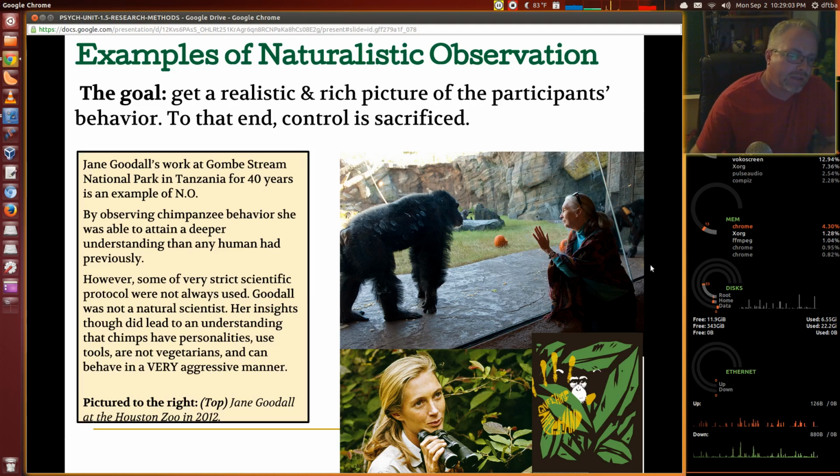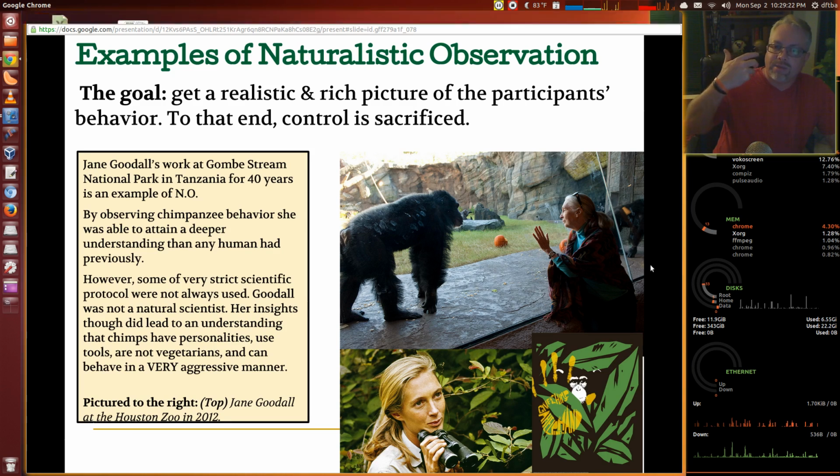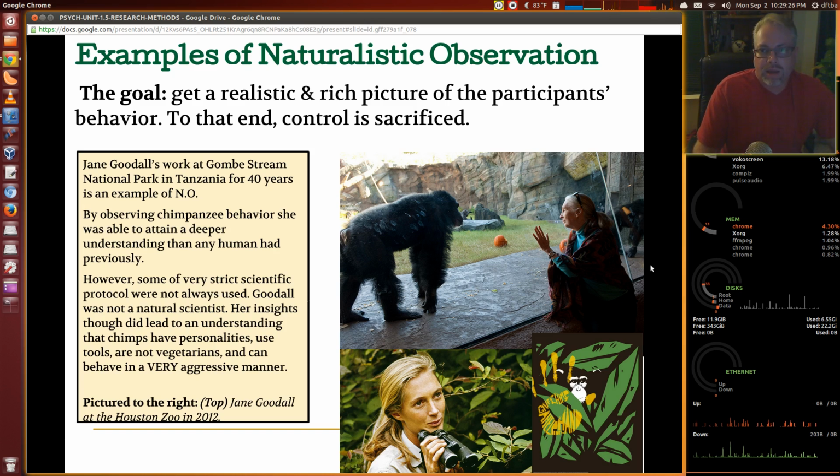So she saw things like understanding that they do have personalities, and that chimpanzees can use tools in a small way. She would notice that they would take leaves, stems of leaves, and stick those into ant hills and pull that out, and then eat the leaf, which would give them the nutrition of the ants. Well, people were like, they don't eat ants, they're vegetarians. Chimpanzees don't eat ants.